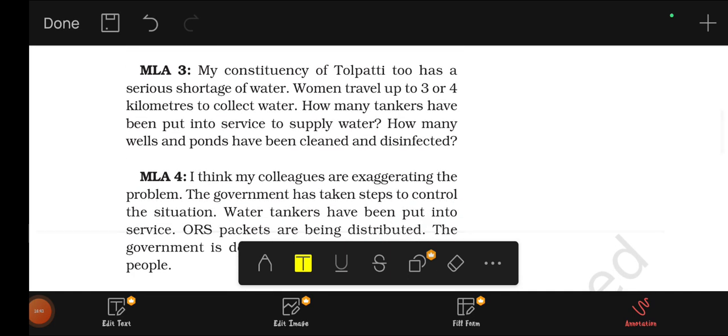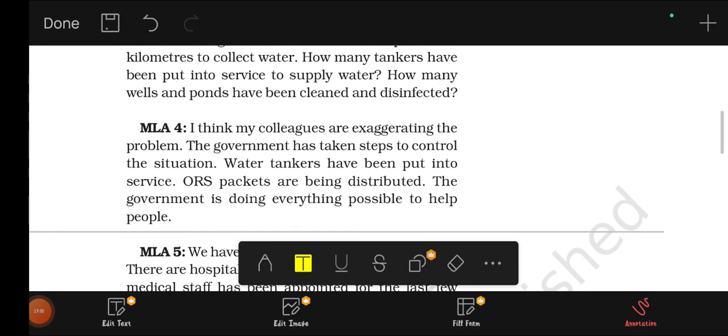Then the third MLA: in my constituency too, there is a very severe shortage of water. Women have to travel 3 to 4 kilometers to collect water. How many tankers have been put in service to supply water? How many wells and ponds have been cleaned and disinfected?